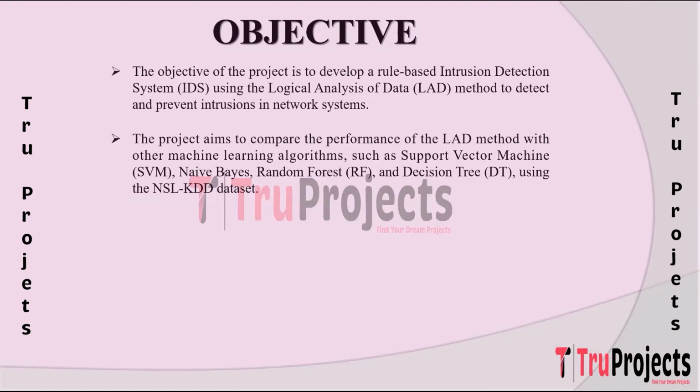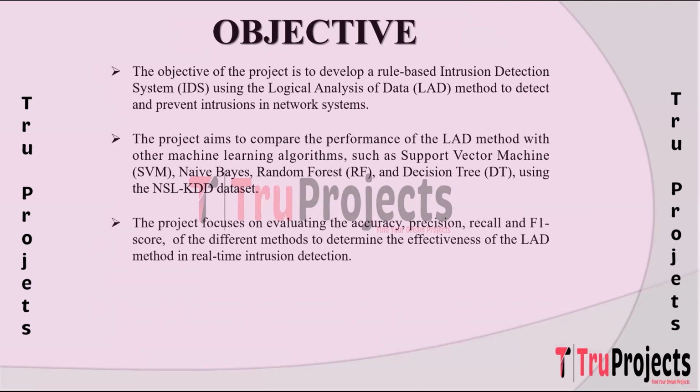The project plans to evaluate the effectiveness of the LAD method by comparing it against various established machine learning algorithms such as support vector machine (SVM), Naive Bayes, random forest (RF), and decision tree (DT). This comparison will be executed using the NSL-KDD dataset, a recognized benchmark dataset in the field of network security.